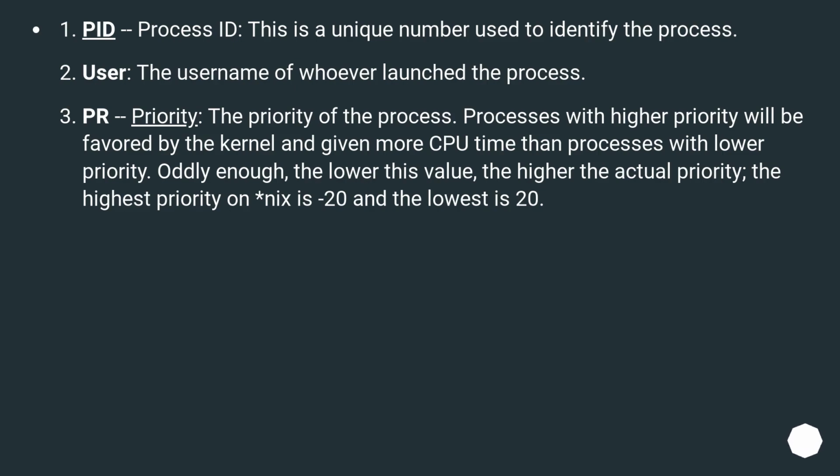PR, priority: the priority of the process. Processes with higher priority will be favored by the kernel and given more CPU time than processes with lower priority. Oddly enough, the lower this value, the higher the actual priority. The highest priority on niceness is -20 and the lowest is 20.